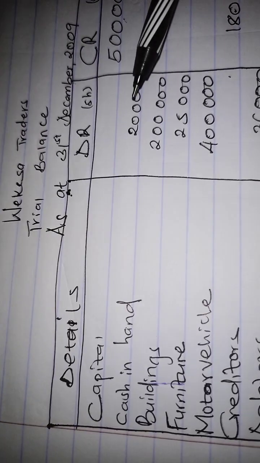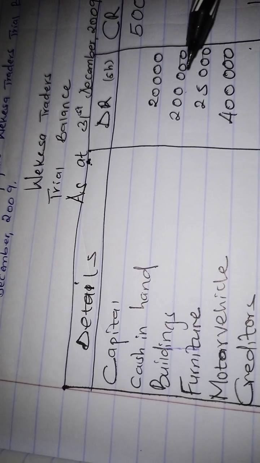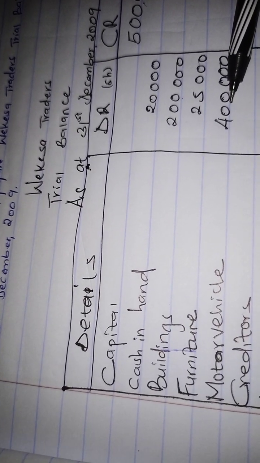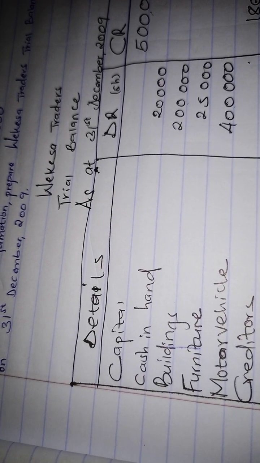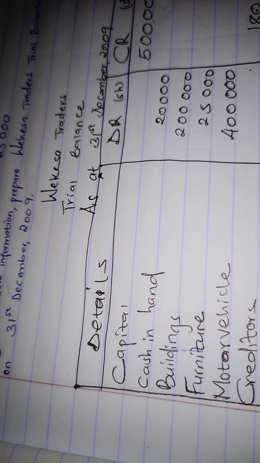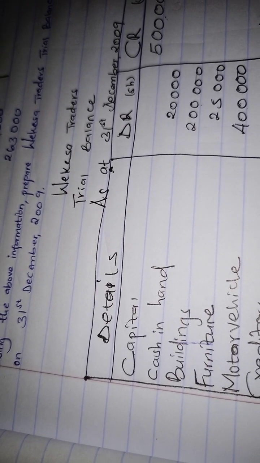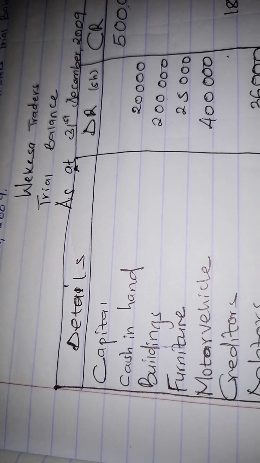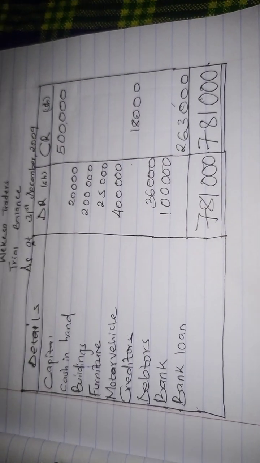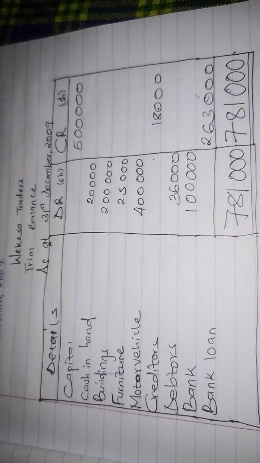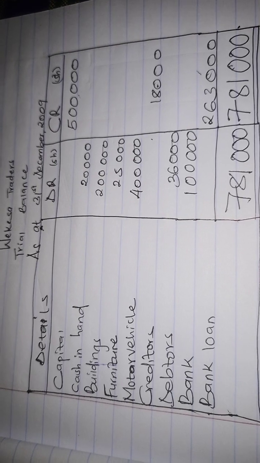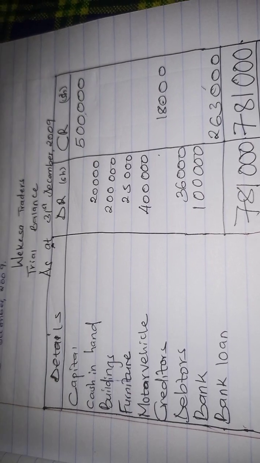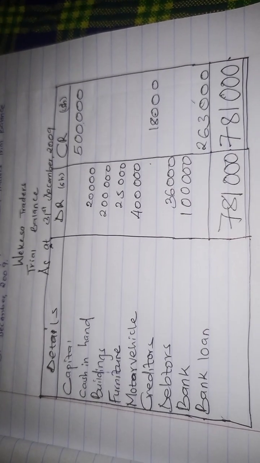Then we have our debit side, plus 20, this is 220, plus 25, 245, plus 400, 645, plus 100, 745, plus that one, 781,000. Therefore, both the debit and the credit side are at par, hence we are okay. No mistakes were made. So that is our trial balance. That is how, learners, you're supposed to go about that question.